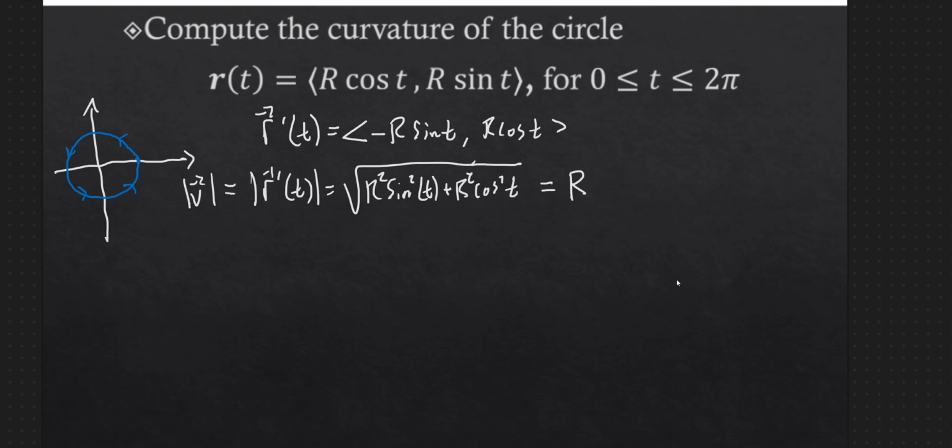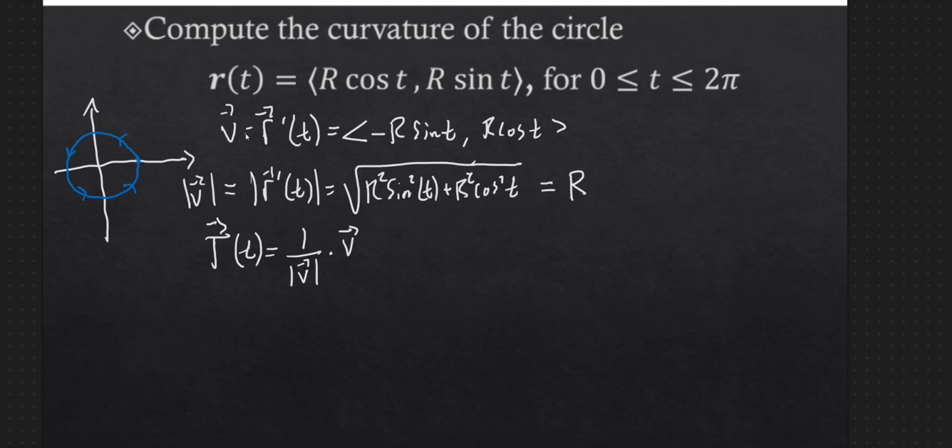All right, so there's my velocity. We also need the unit tangent vector. Let's go ahead and find the unit tangent vector T in terms of time. So this is 1 over v times r prime of t. Remember, this is always 1 over the magnitude times the velocity vector.